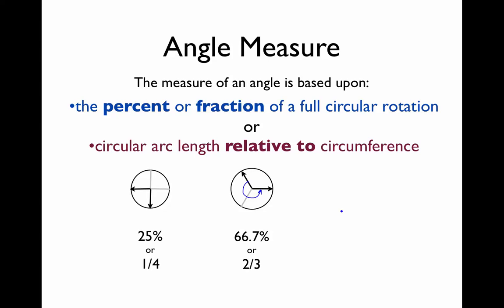The openness corresponding to 2/3 of a rotation, or arc length, right? So this arc length around here is 2/3 of the whole circumference. Okay? This angle here is the 1/6 angle.